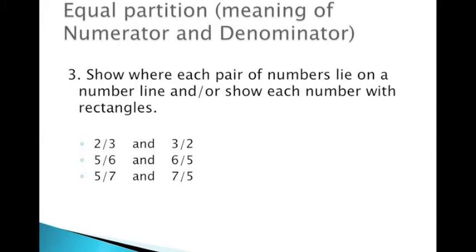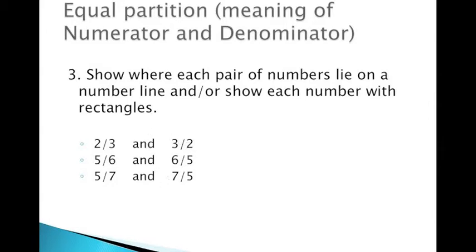So here we have equal partition, and notice that it's the same numbers: 2/3 or 3/2, 5/6 or 6/5, 5/7 or 7/5. And so here it's really about focusing on what these denominators mean. It's about equally partitioning something.